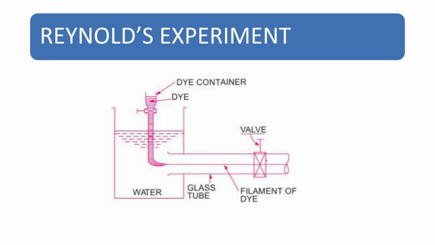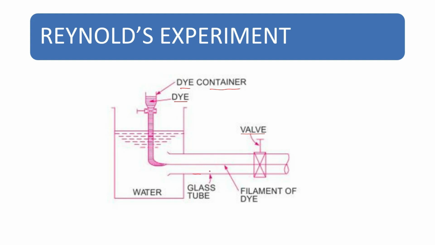And this is a glass tube, so you can see the water flowing through the glass tube, and you have a dye container here. This dye container contains dye, and this dye is injected into the water. So this was the experimental setup.